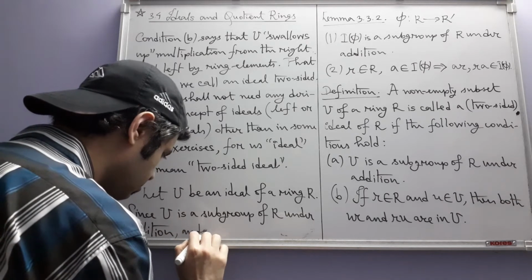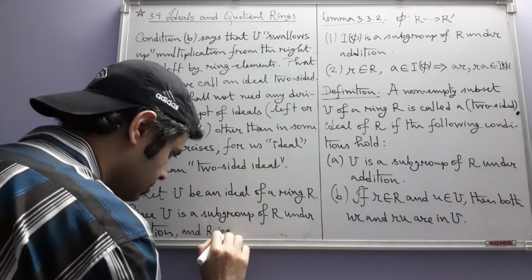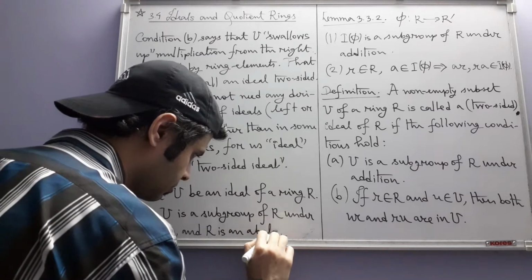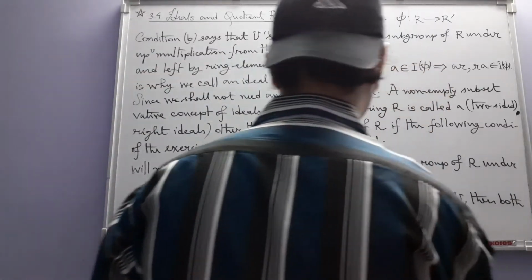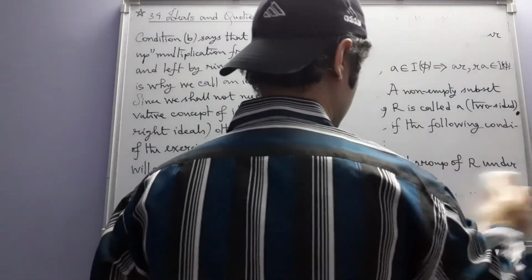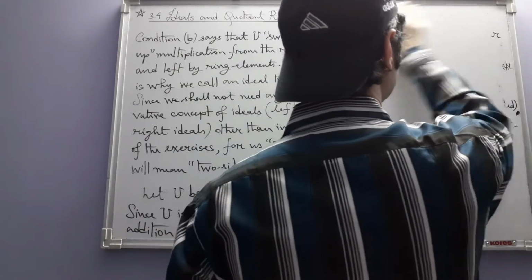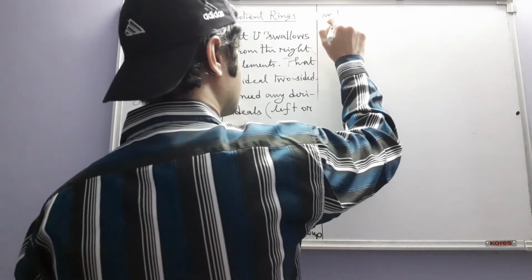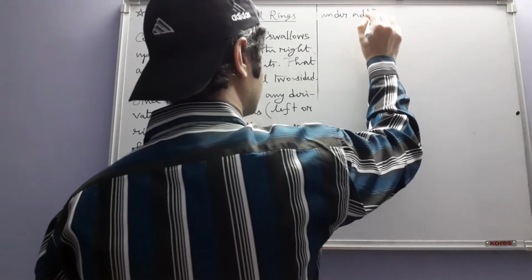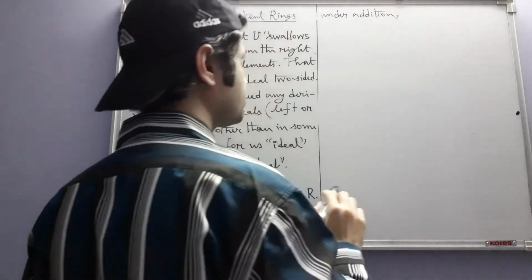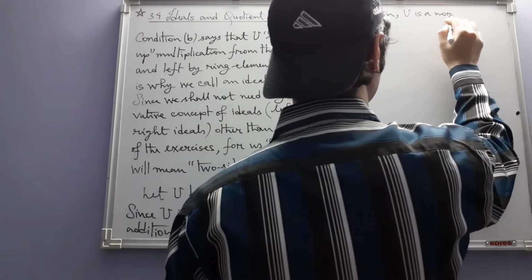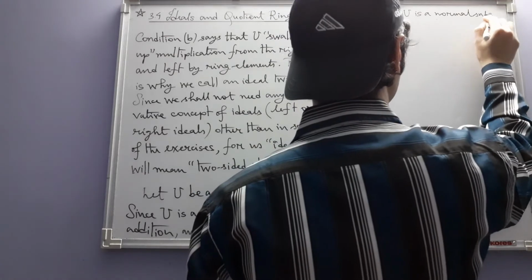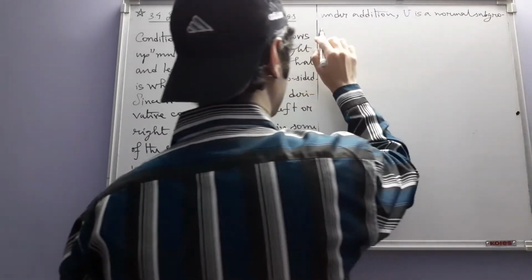And R is an abelian group under addition, U is a normal subgroup.